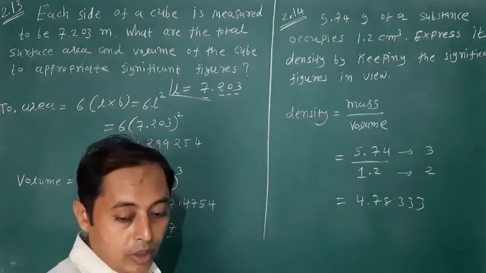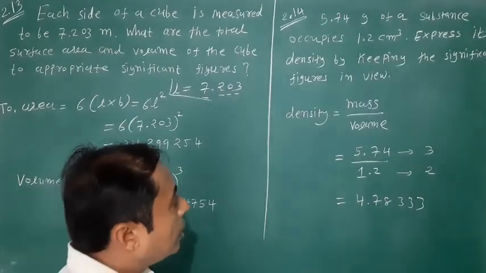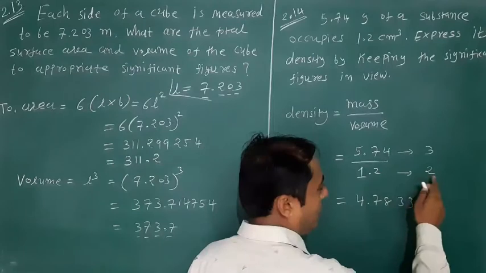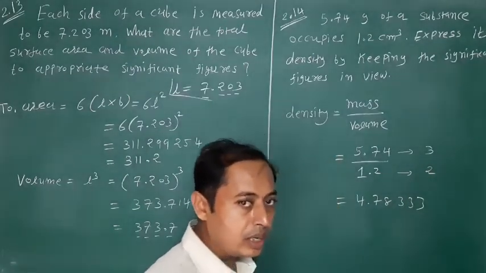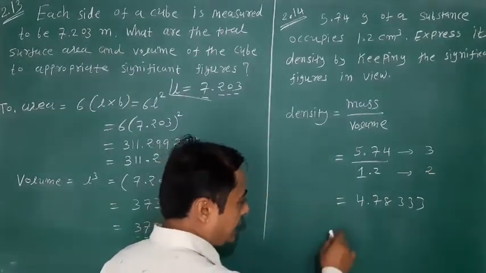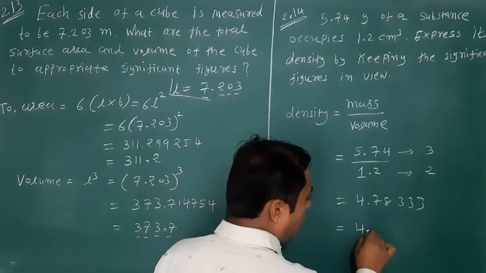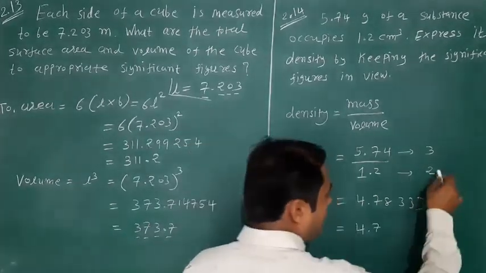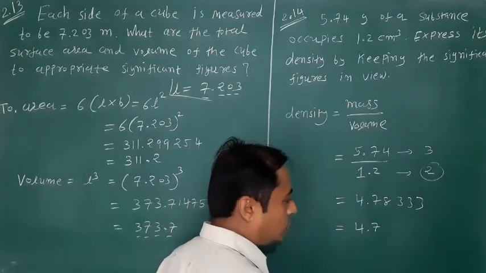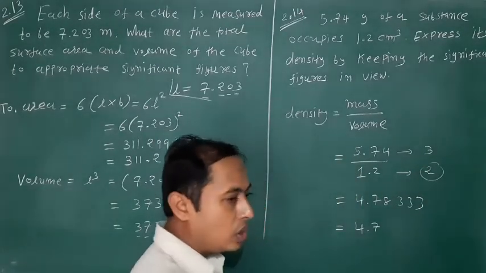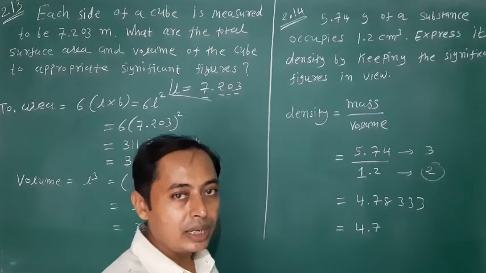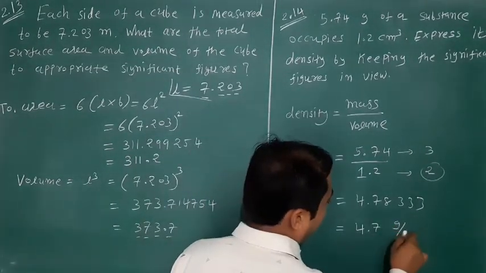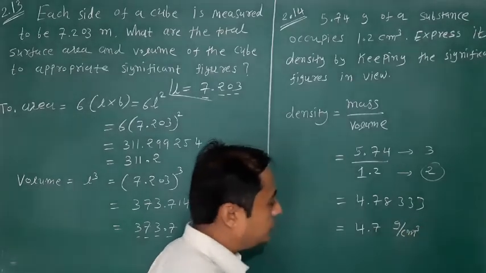Okay, but look here, mass has 3 significant figures, volume has 2 significant figures, so our answer is 4.7. Why? Because here the minimum significant figures are 2, so our answer also has the minimum number of significant figures. So the answer is 4.7 gram per centimeter cube.